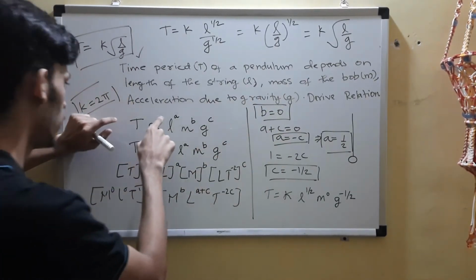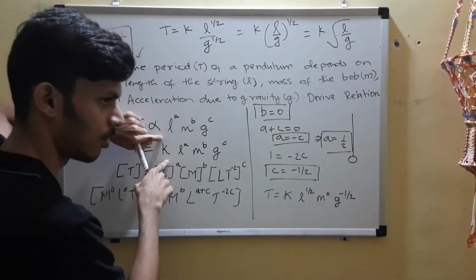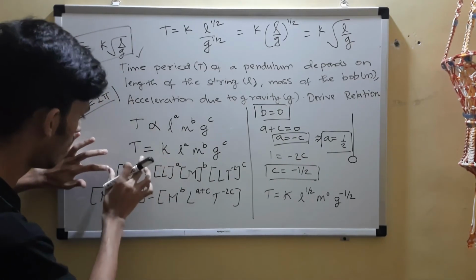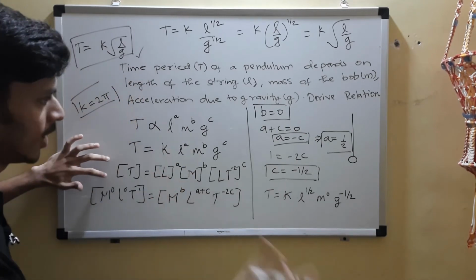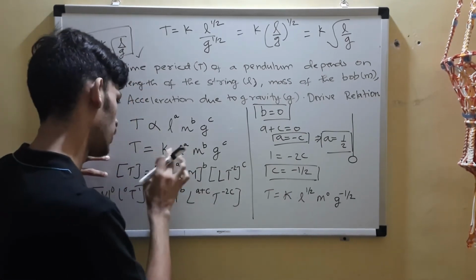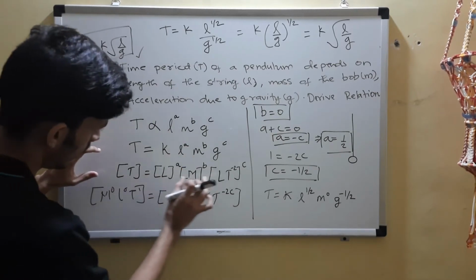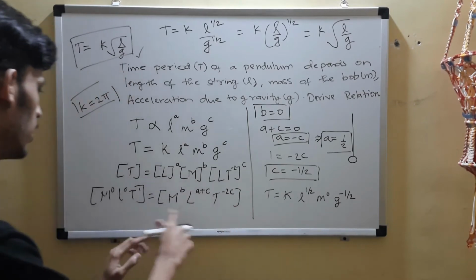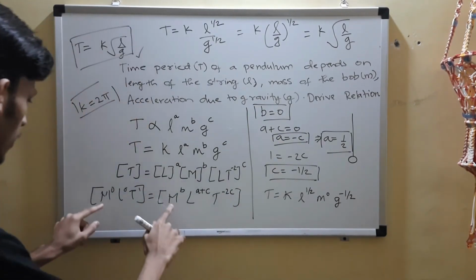These are random exponents whose values we need to find to get the formula. Now when we change the proportionality sign to equality, we have to multiply by a constant. That was the second step. Now taking dimensions, this is a dimensionless constant, so when you take the dimensions it flies away, and then you simplify. Here we simplified, and the last step is to compare and get the values.